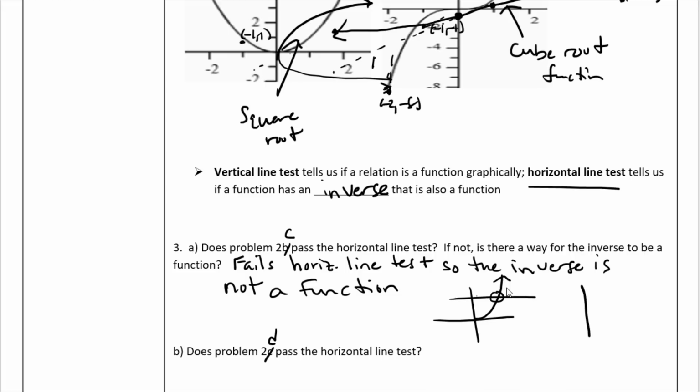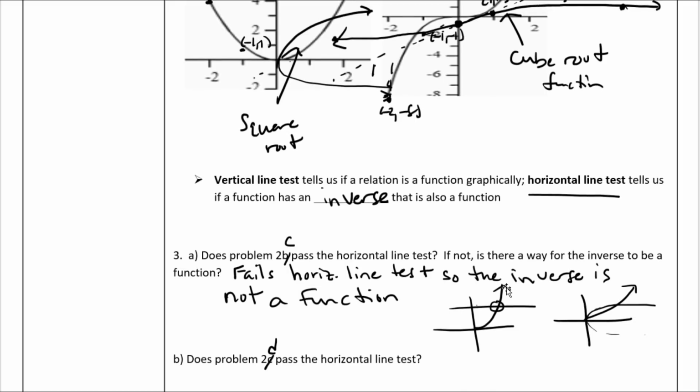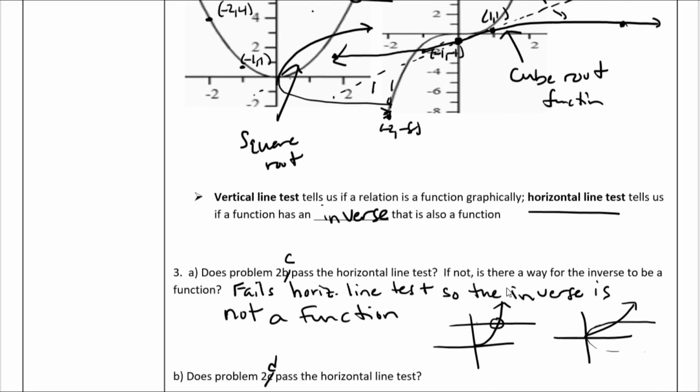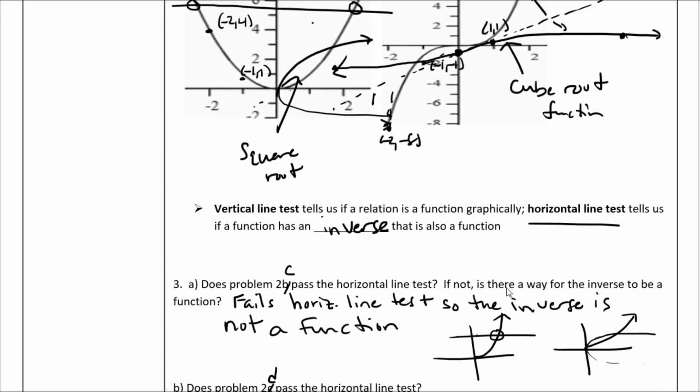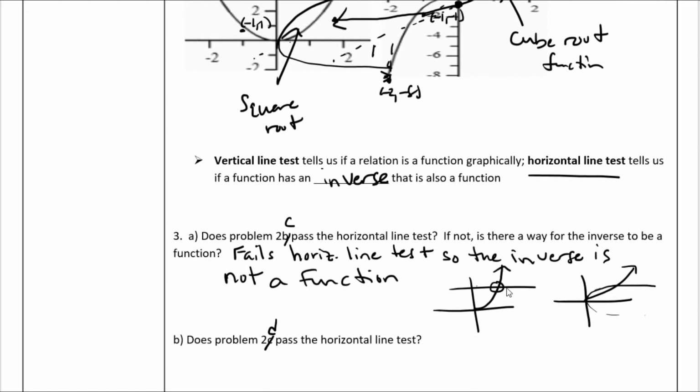And in that case the inverse would be a perfect square root function instead of being a sideways parabola. So the inverse is a square root function only when you have a restriction to the domain. This graph has to be cut in half essentially in order for the inverse to be a function.